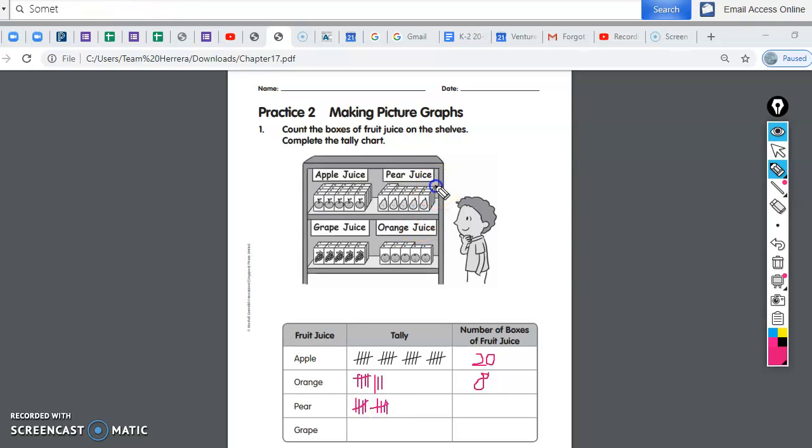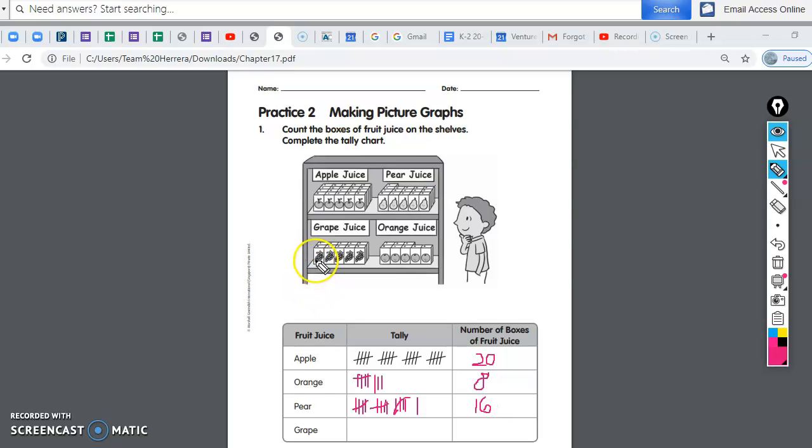And then I have another row of 5. And then on the back, I just have one lonely juice box. So now I'm going to count how many I have of my tallies. 5, 10, 15, and then by ones, 16. So I have 16 pear juice boxes.